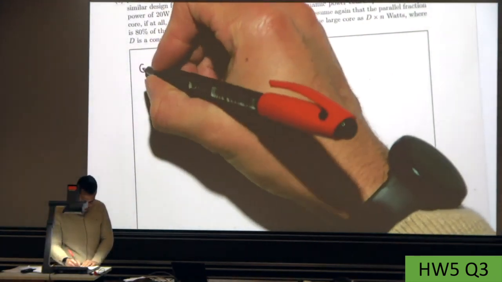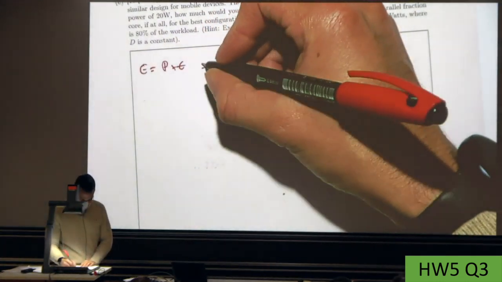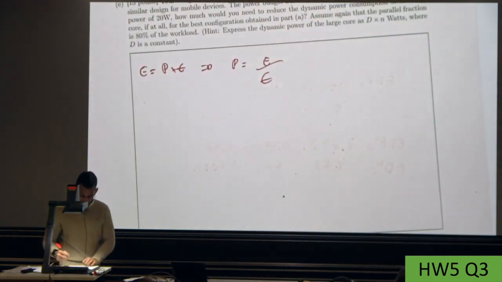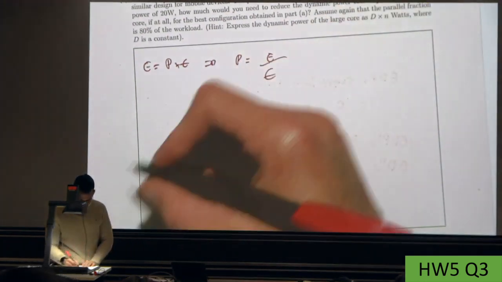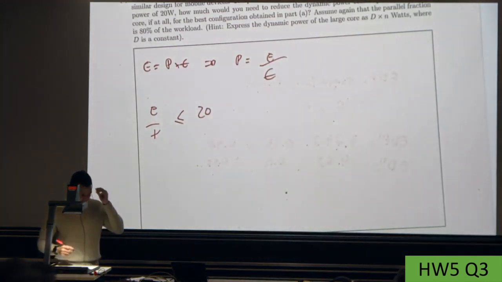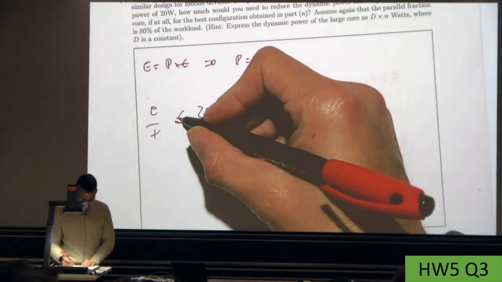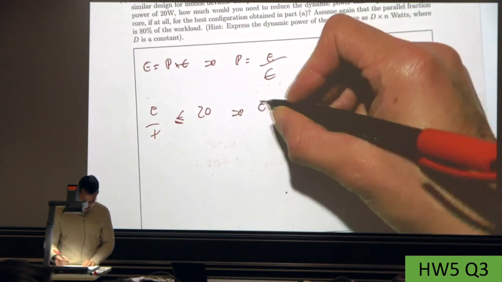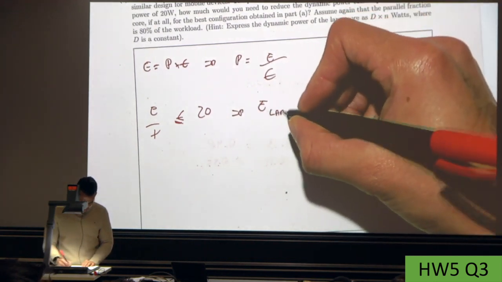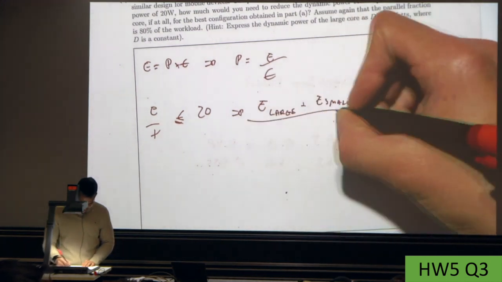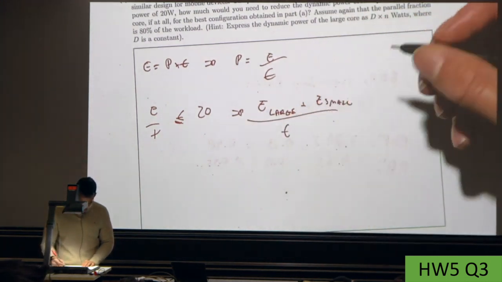So we know that energy is equal to power times time. This means that power is equal to energy divided by time, right? And you want your power to be at most 20 watts. And the same as before, the energy here is going to be the energy of the large core plus the energy of the small core, divided by the total time.